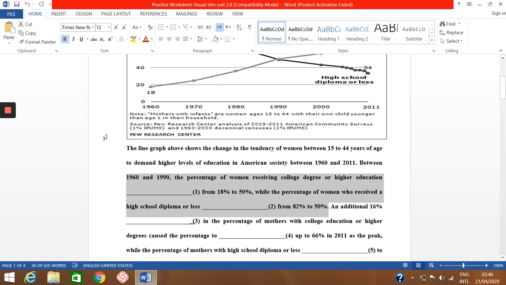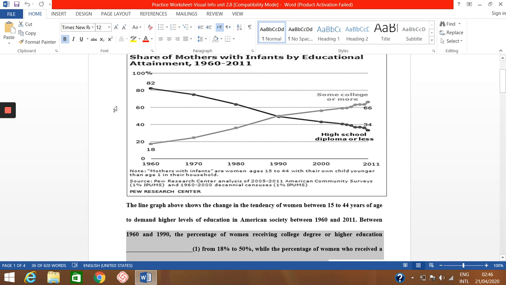to 50%. So if you look at the y-axis here, since we are dealing with the gray graph here, I mean the one which describes the change, so the share of women with college degree or more, it starts from here, from 18, because if you look at the starting point here, it is a little bit below 20 here, because the rate span here, between each part and the other, there is something like 20 grades here, 20, then 40, 60, 80, until 100.